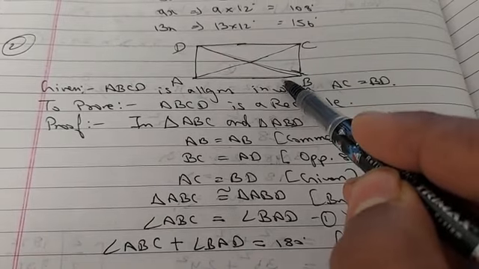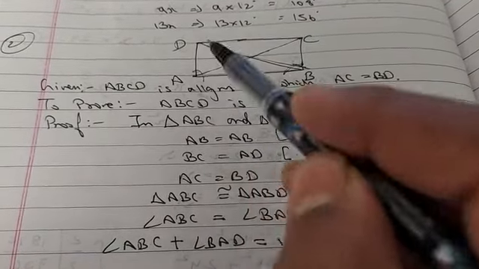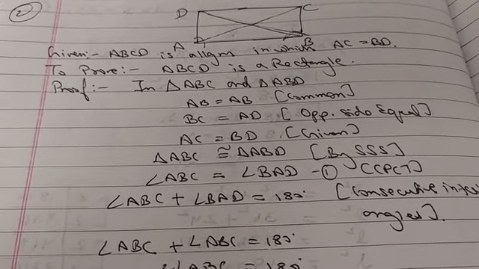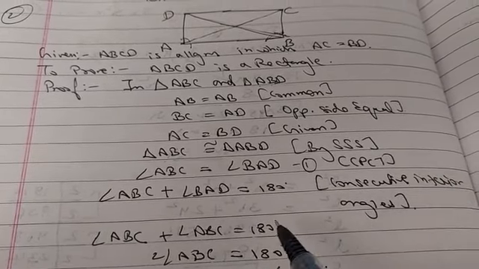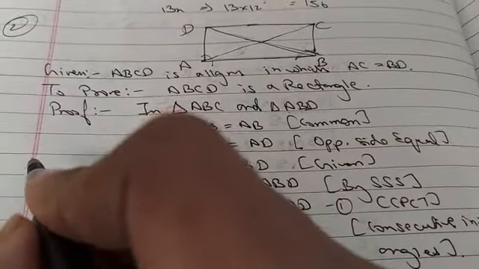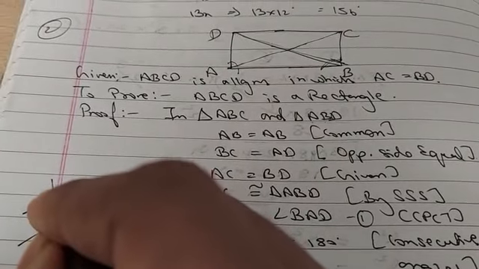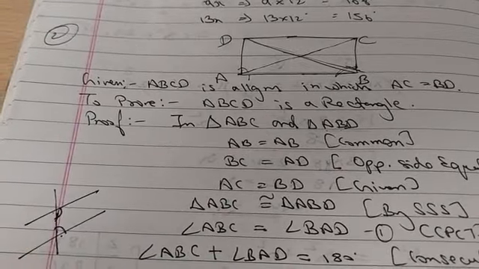These both angles are equal. And one more thing, angle ABC plus angle BAD equals 180 degrees because they are consecutive interior angles. Suppose I draw the diagram here: if these two parallel lines are there, the sum of these interior angles is 180.